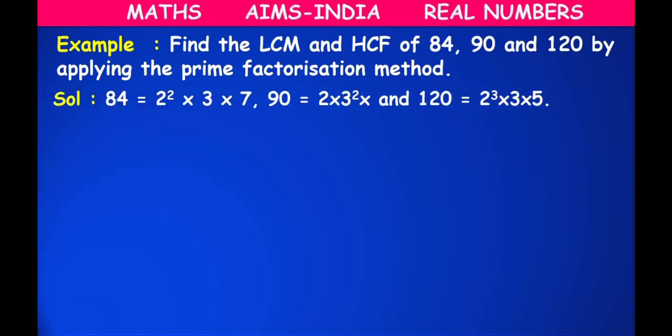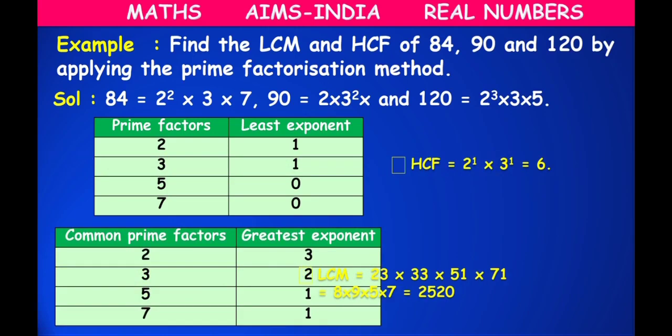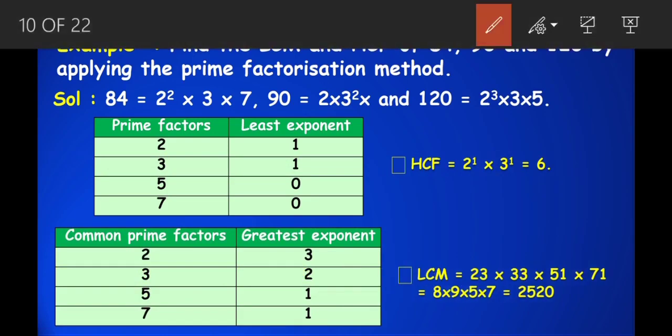Let's see. Let's expand the 3 numbers in terms of prime factors first: 84, 90 and 120. By that we can find HCF and LCM. So here, 84 we have written as 2 square into 3 into 7. 90, how we have written? 2 into 3 square.